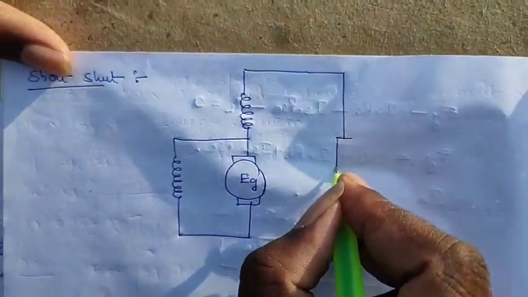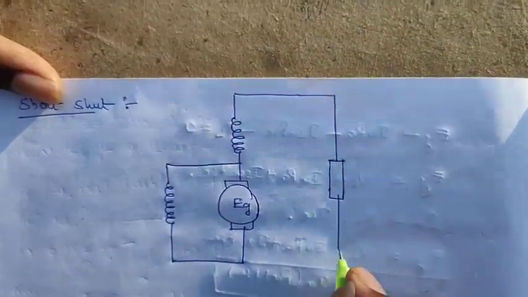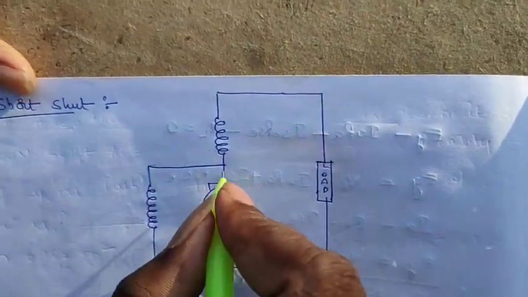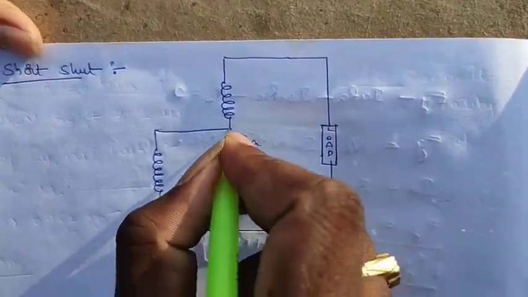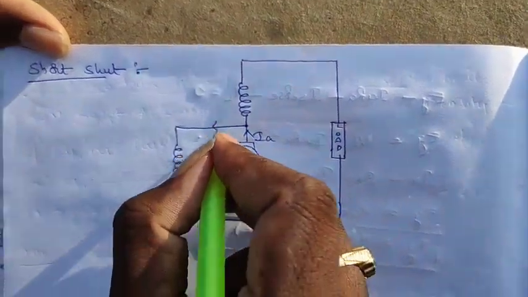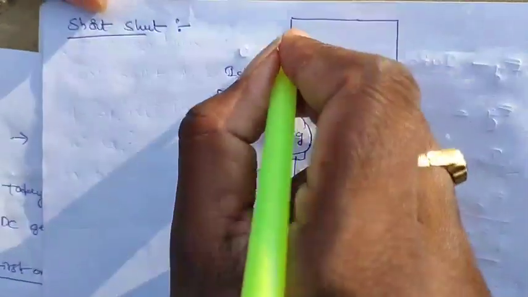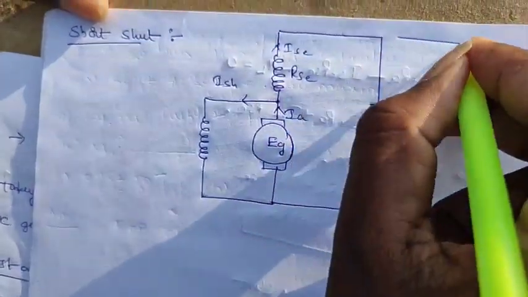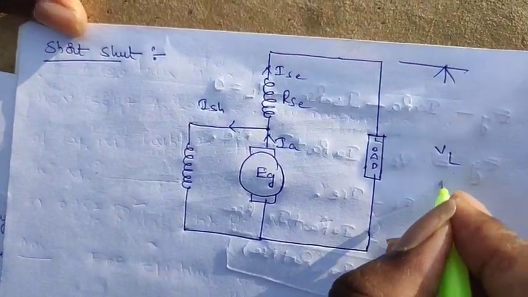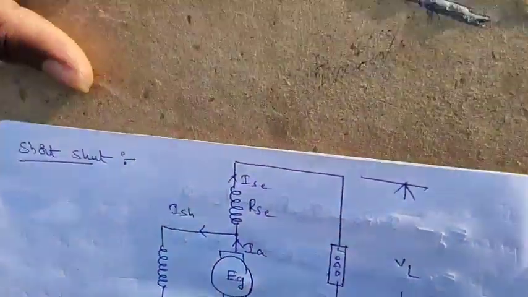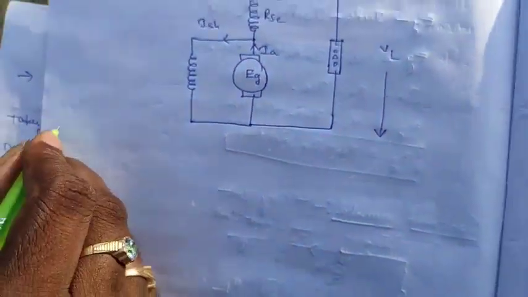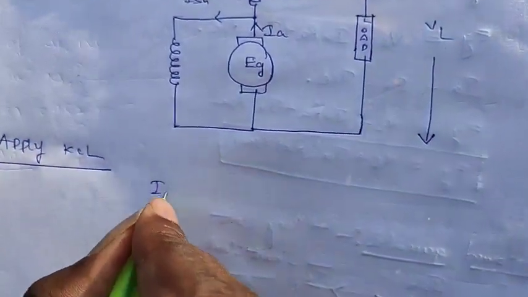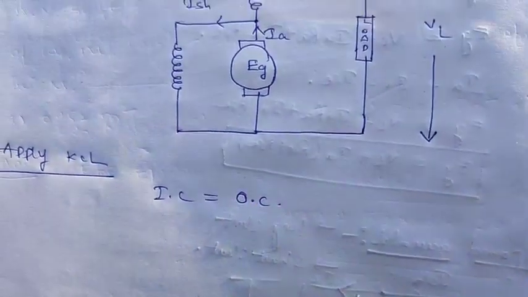Here the load is connected. The current IA is at a node meeting all the points. This one is ISH, this is ISC, this one is RSC, and this is VL. So apply KCL: incoming current equals outgoing currents.